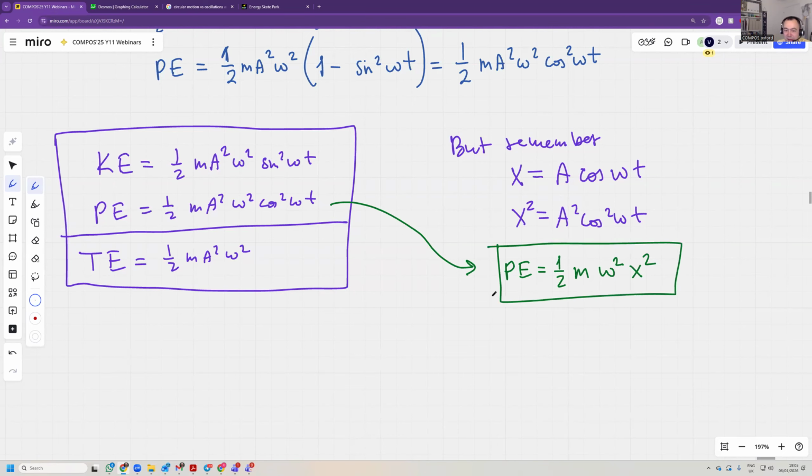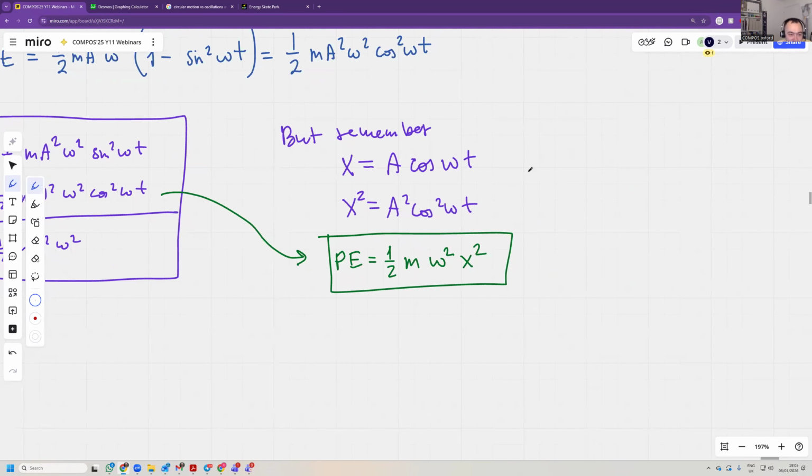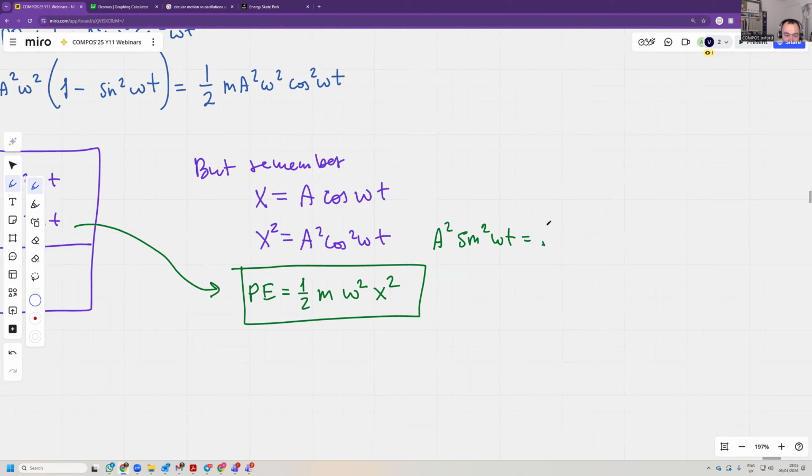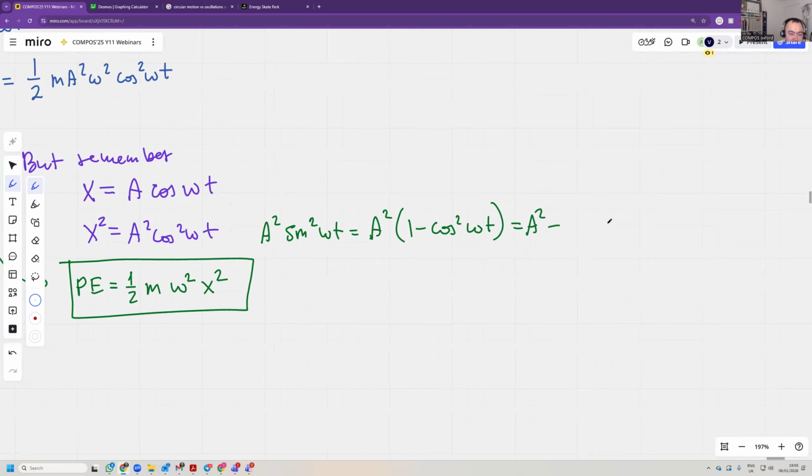It's a very useful thing. And we could also say that, well, a squared sine squared omega t is the same as a squared times 1 minus cosine squared omega t, which is a squared minus a squared cos squared omega t, which is a squared minus x squared.